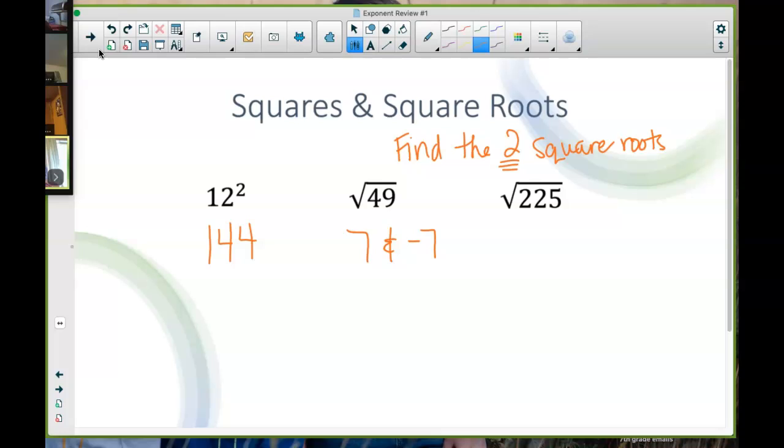It's both 7 and negative 7. And the square root of 225 would be 15 and negative 15. So don't forget, when I ask you to give me both, that there's a positive and a negative. Okay, questions there?